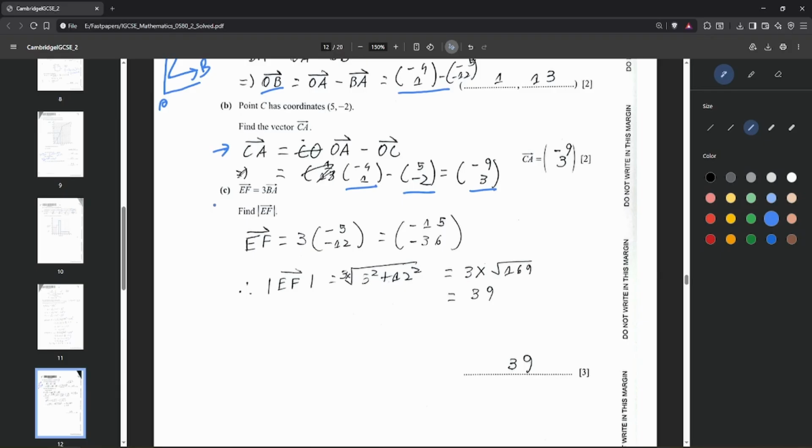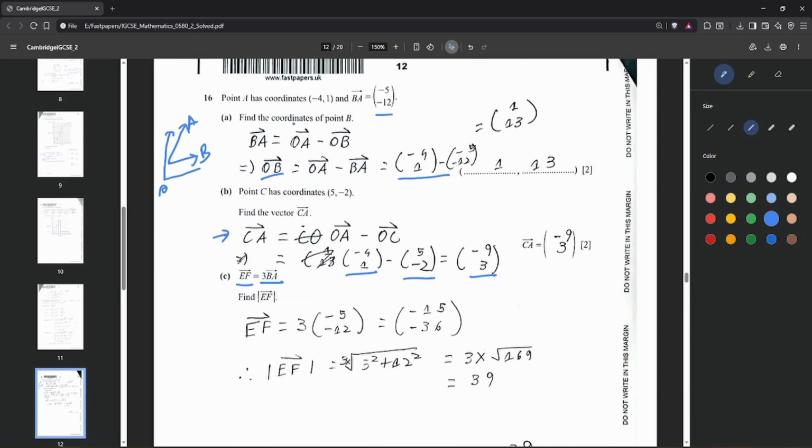Now we have EF is equal to 3BA. Find the modulus of EF. The modulus value of EF will be 3 times the modulus value of BA. This is something we know. At first we evaluate the modulus of BA.